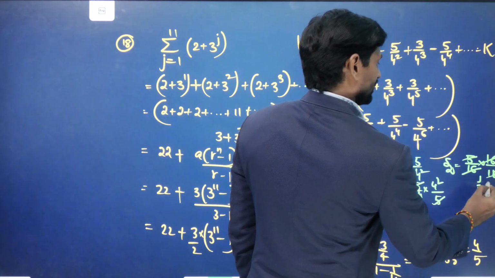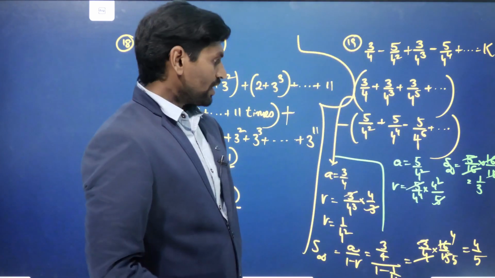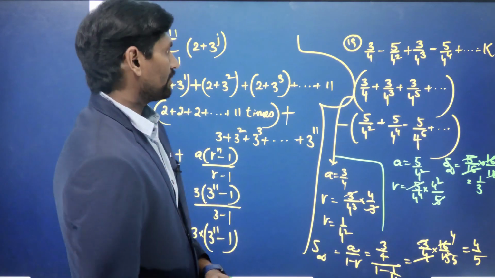So this will be 1/3. One value is 4/5, the second value is 1/3.